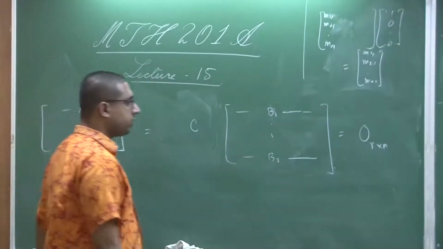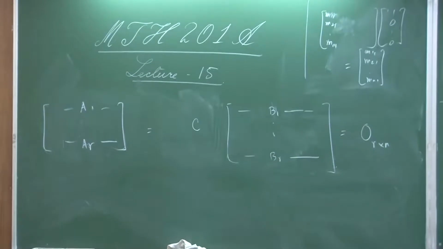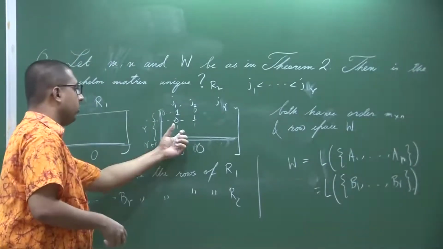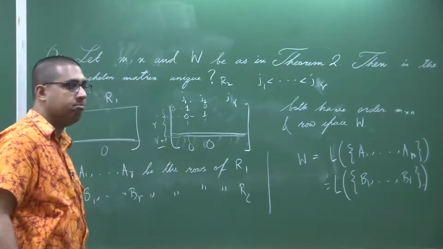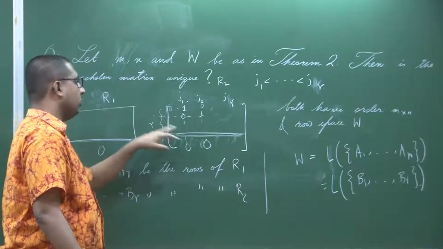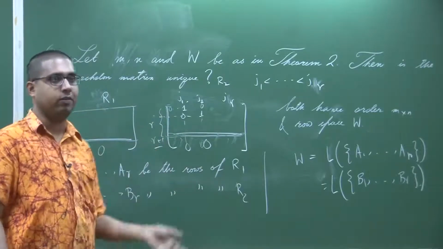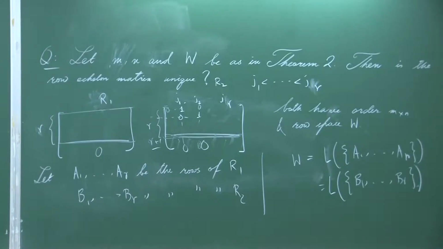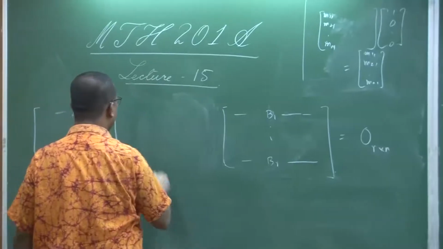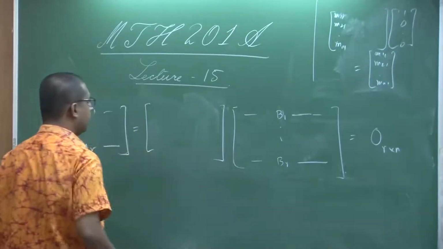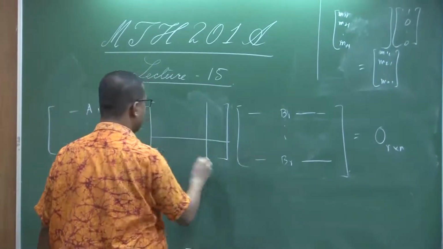So, we need an invertible matrix of order m by m in order to prove that R1 is row equivalent to R2, but here the matrix C has order R cross R. So, starting from R cross R, how will we proceed? We will consider the following block matrix.